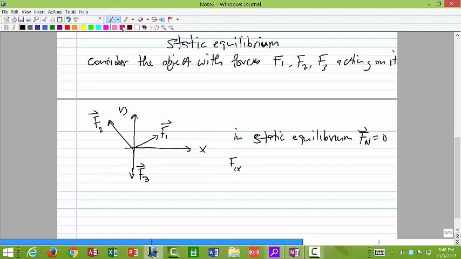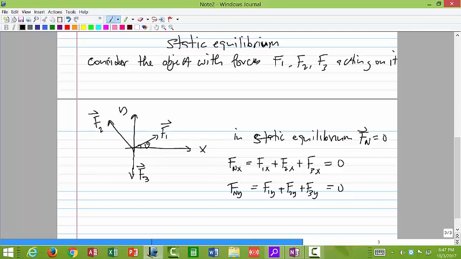This means that F net x, which is F1x plus F2x plus F3x, should be equal to 0, and F net y, which is F1y plus F2y plus F3y, should be equal to 0. That's just what static equilibrium means.